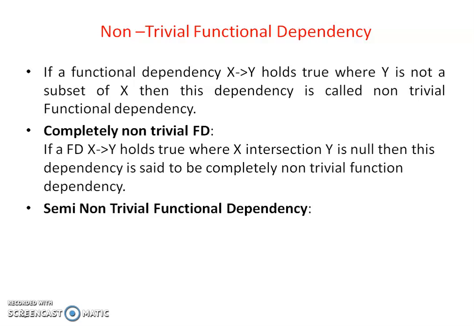In semi non-trivial functional dependency, at least one of the right hand side attributes is not part of the left hand side. For example, student ID and student name determines student name and contact number: the values of contact number are totally different from the values of student ID and student name in a relation. So these are the 7 types of functional dependencies that are important.